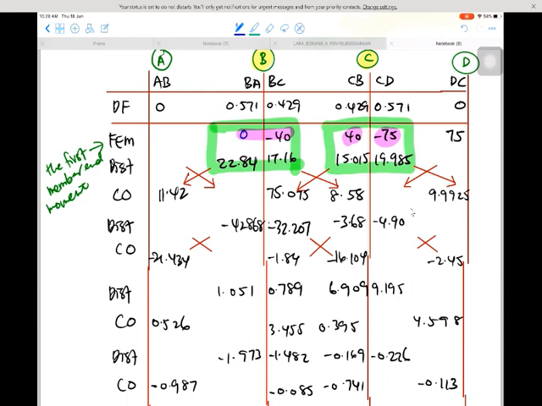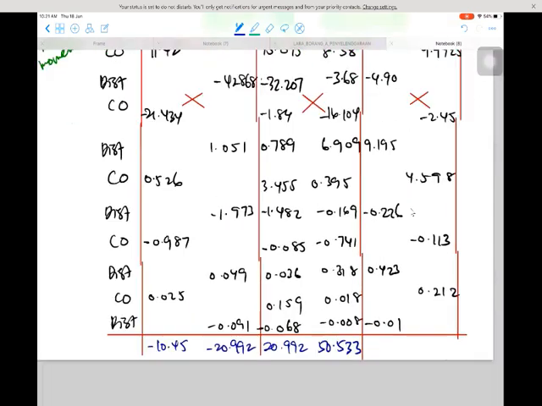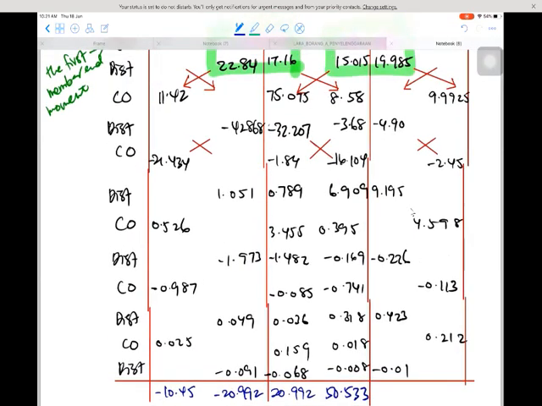For CD, we check whether we get the negative value. It is negative 75 plus 19.985 minus 4.9 plus 9.195 minus 0.226 plus 0.423 minus 0.01. So we get the same, negative 50.533.